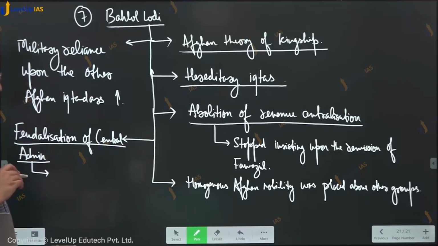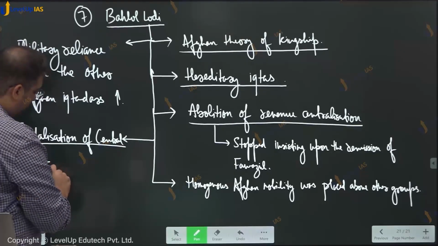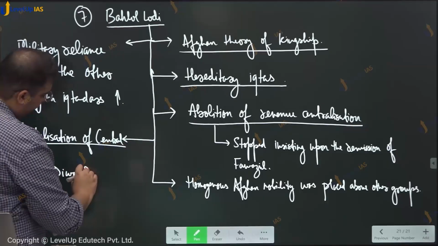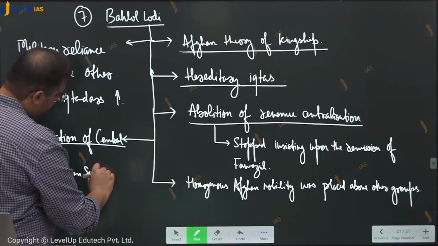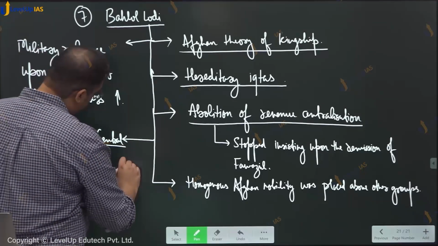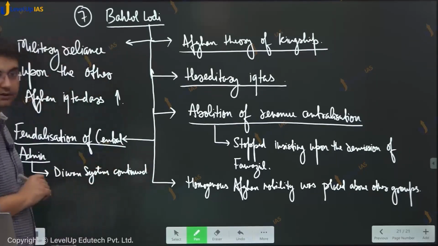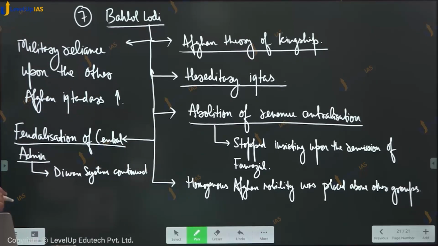While on the surface, the portfolio system of administration or the Diwan system continued, लेकिन the way in which it used to function, that was changed completely.